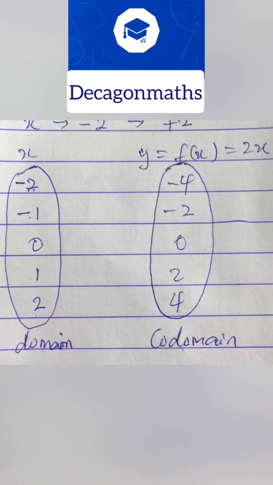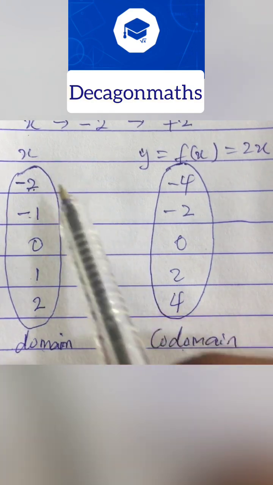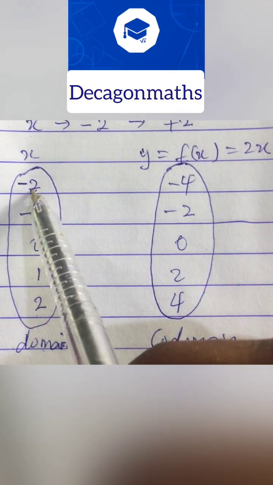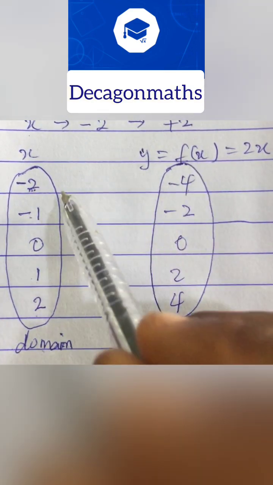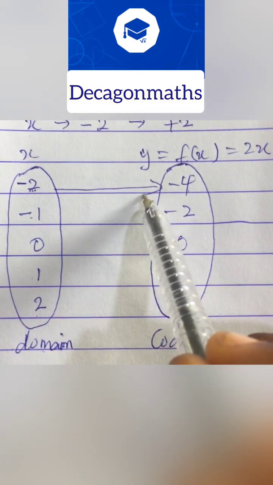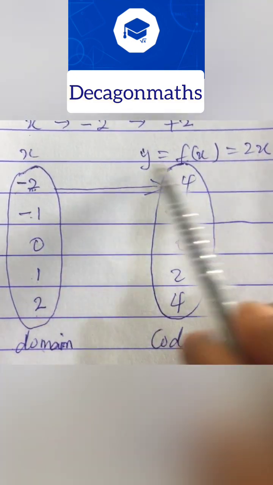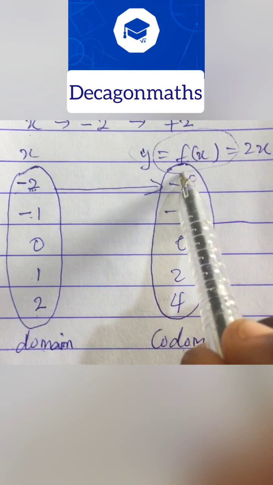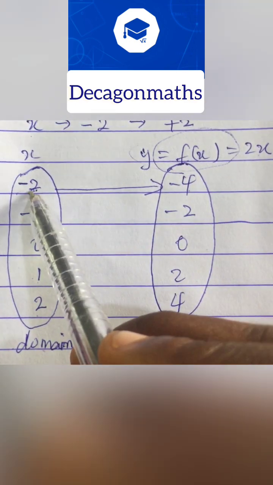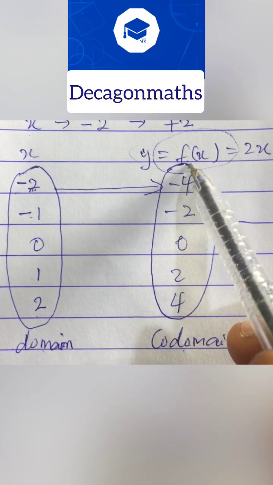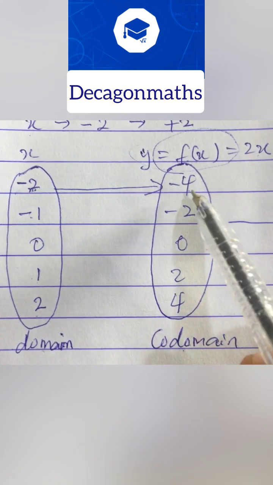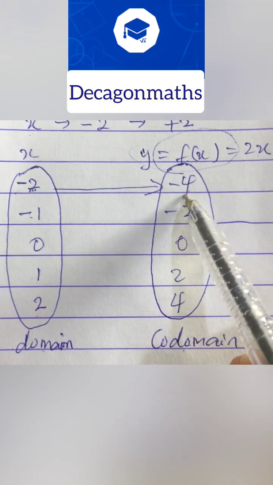We can see here that for a given value of x, to get the value of our f of x, it is just a step away. Just input this value into this function and we get finally our y equals f of x. Just input -2 into this, then we get our f of x, which is -4, straight away.